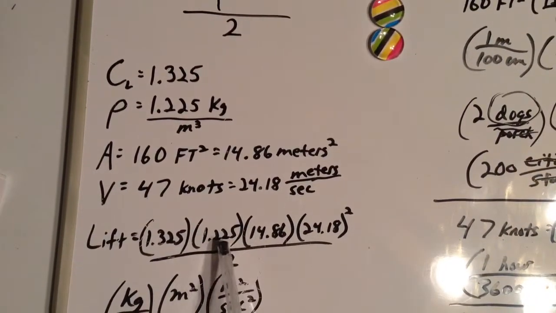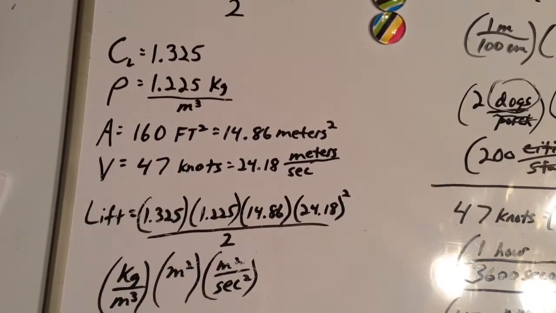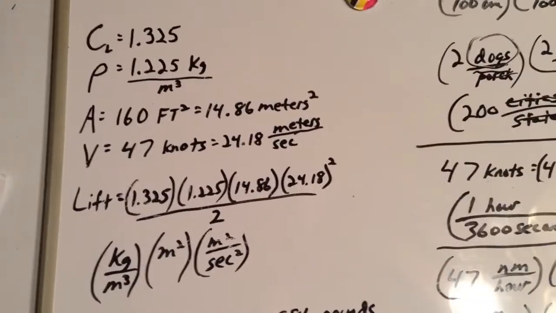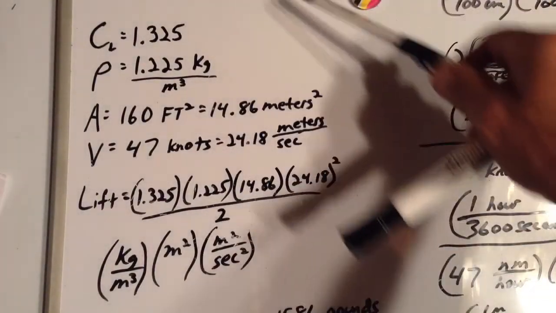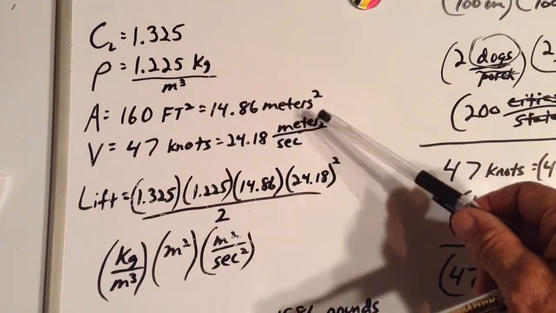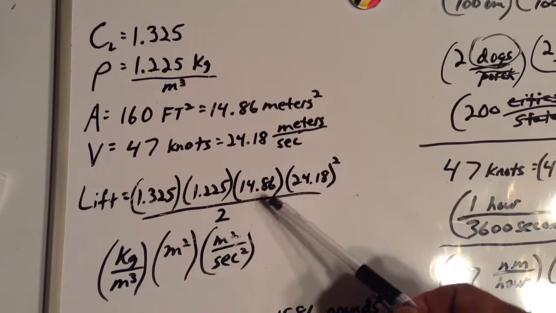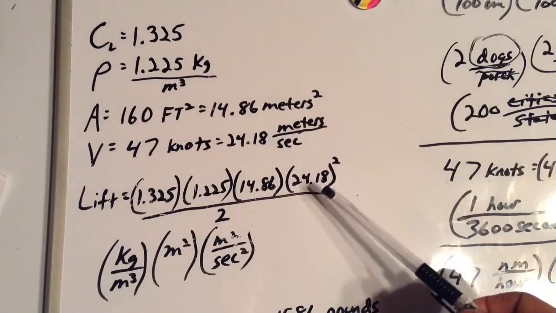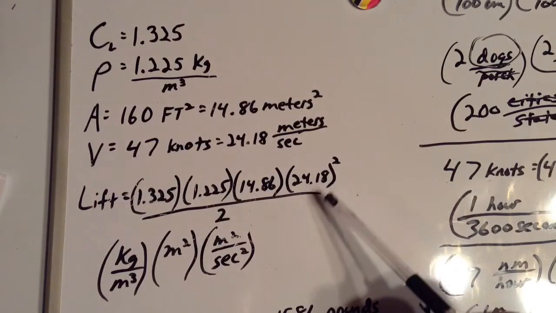Let's just write 1.225. We'll write all of our units down here after our numbers. Our wing area is 14.86 square meters. Our velocity is 24.18 meters per second, so we put a square up there because it's squared.